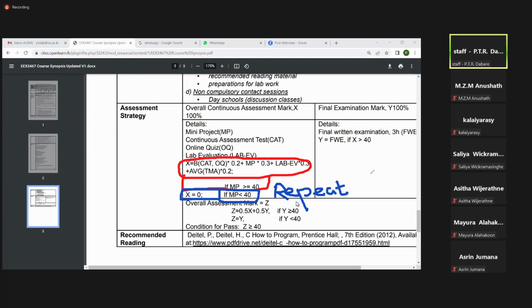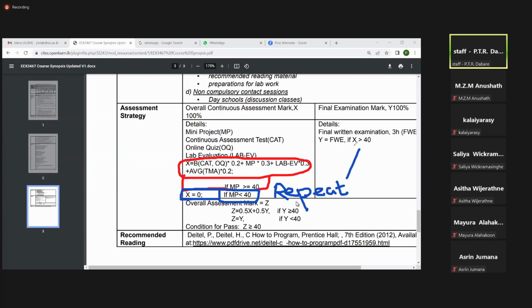Okay, so I'm going to explain the consequence of this. If you do not get eligibility for this course this year, then next year you will be in big trouble because you will have only very few subjects to study next year.